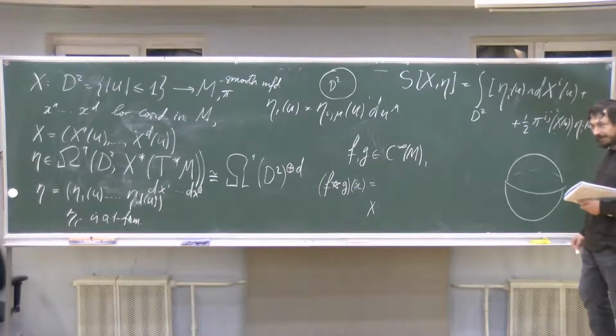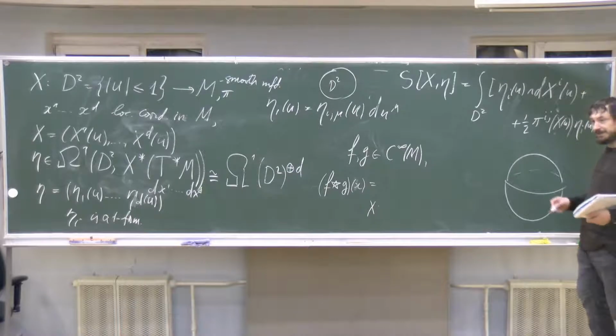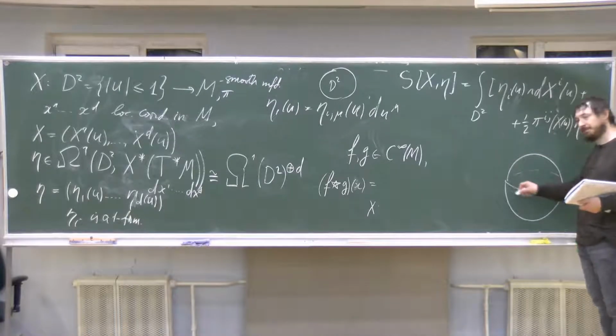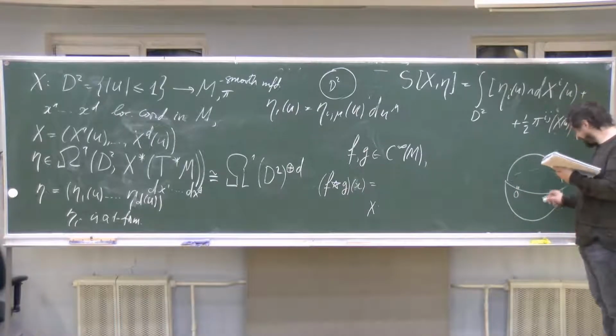Since a Riemannian sphere is nothing more than a compactification of the complex numbers, you can identify this upper half sphere with the half plane. And on the boundary of this half plane, there are three marked points: 0, 1, and infinity.